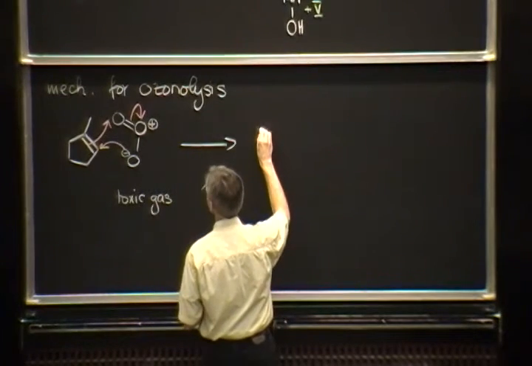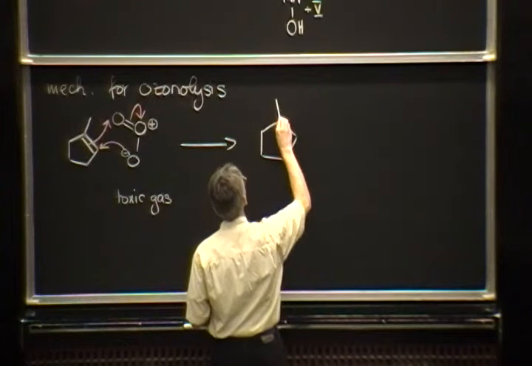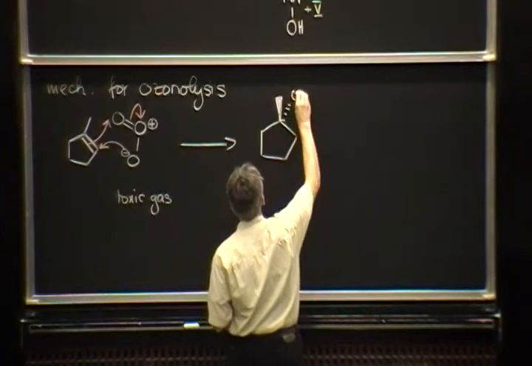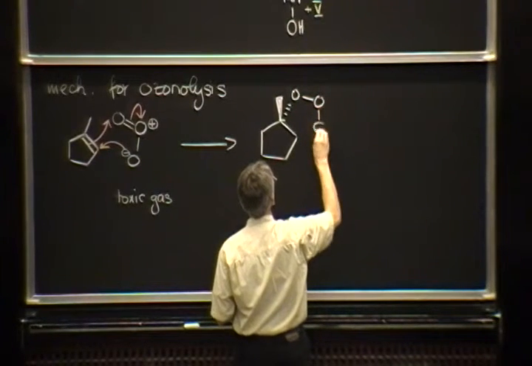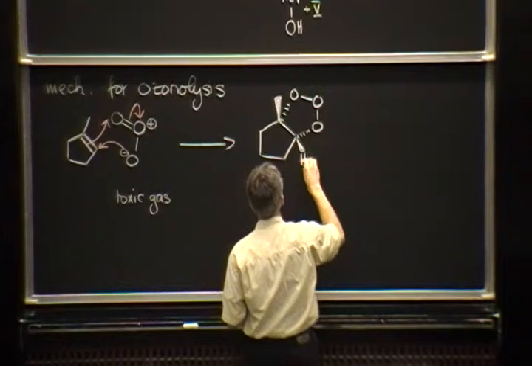So once I get the addition product, I end up with the molozonide. And again, the stereochemistry is very well defined. It's the syn addition of the hydrogen here.